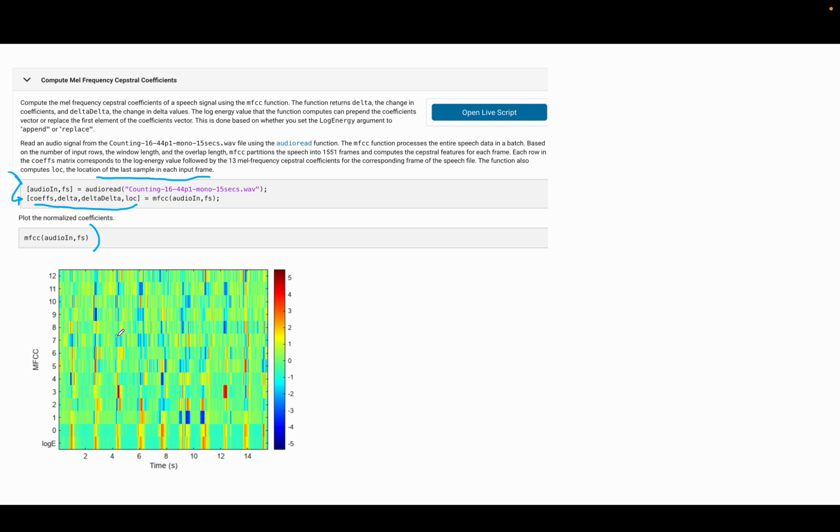So here's a plot. Here's time, and here are the cepstral coefficients. You can see that they do change. This is the log of the energy, and this is the time in seconds. In this plot, we're getting the cepstral coefficients as a function of time, and notice that we're getting 12 of those.